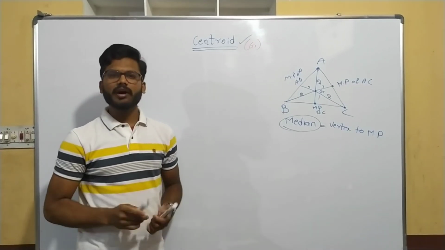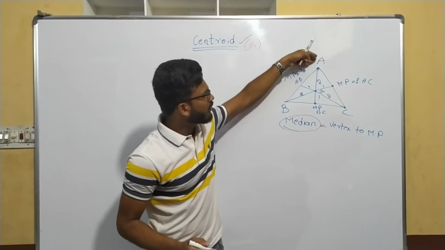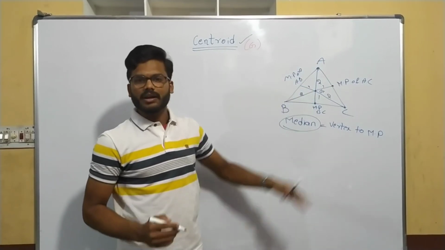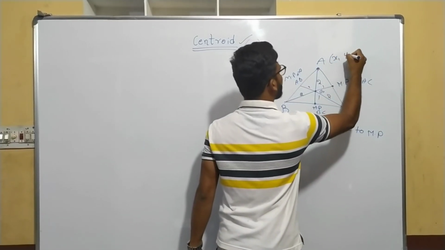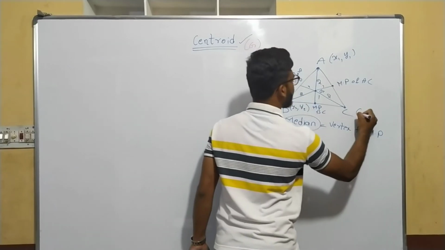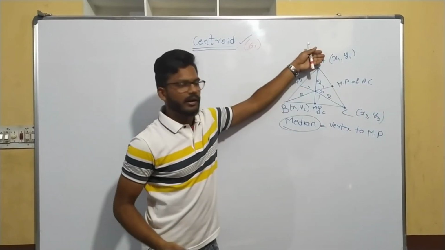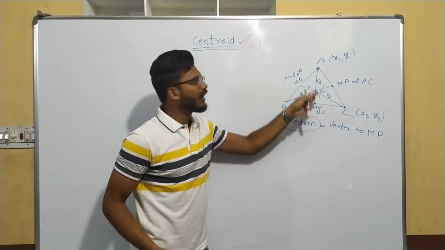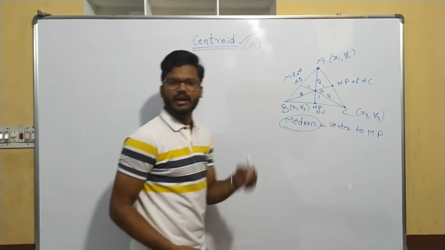Now, what I told, the median is the line segment drawn from one vertex to the midpoint of the opposite side, right? So let the point A be x1 comma y1, B be x2 comma y2, and C be x3 comma y3. Now I know one point. The other end of this median will be the midpoint of BC, right?